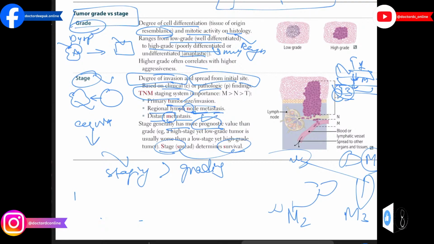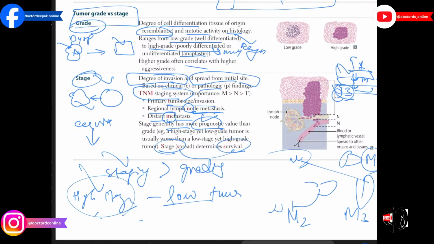If one patient has a high stage cancer and a low grade tumor, then due to the high stage, the patient is near to death. If it has a low stage and high grade tumor, then this condition is not worse than a high stage cancer.